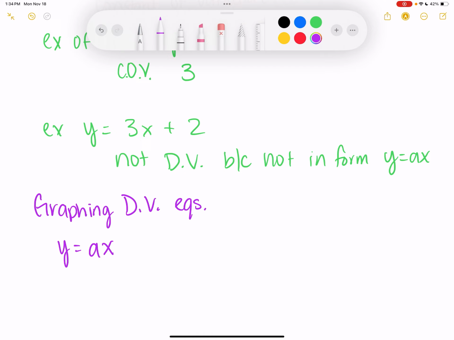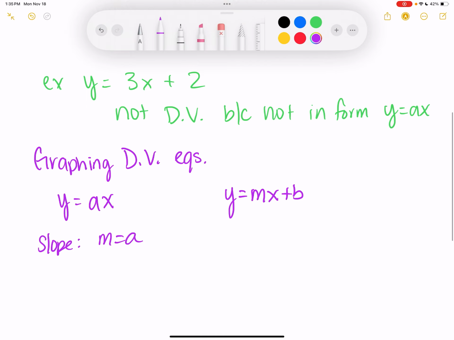Y equals mx plus b. In this case, we just have y equals ax, so the slope of a direct variation equation would be m equals a, whatever that number is.